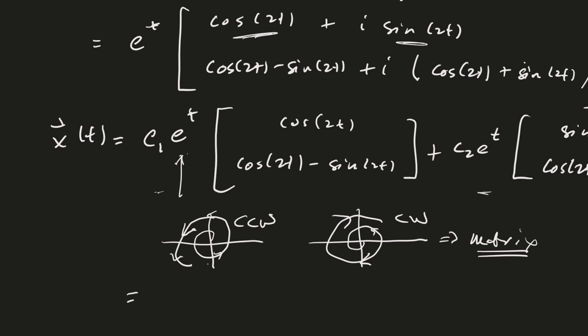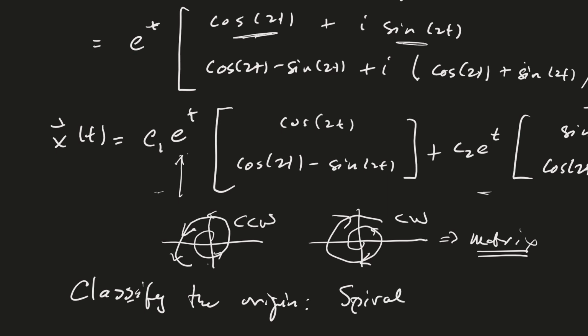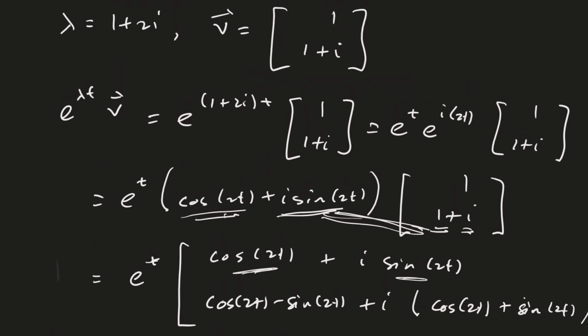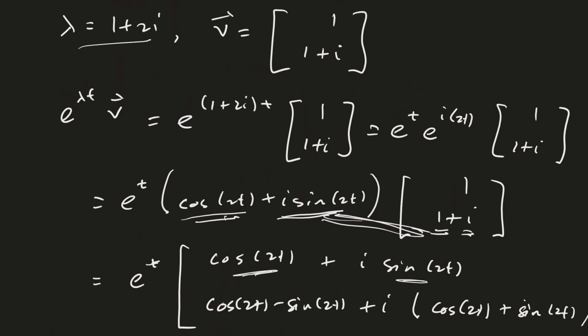And so we would classify the origin, the stability of the origin, as a spiral source in this case. We wouldn't be able to get more specific than that right now because we don't have access to the matrix. I just gave you the eigenvalue and the eigenvector up at the top.